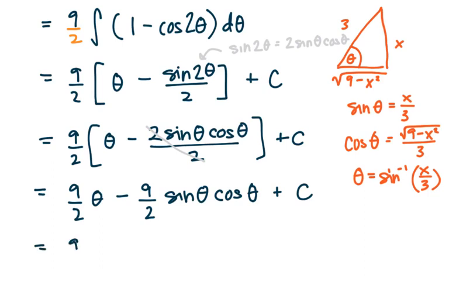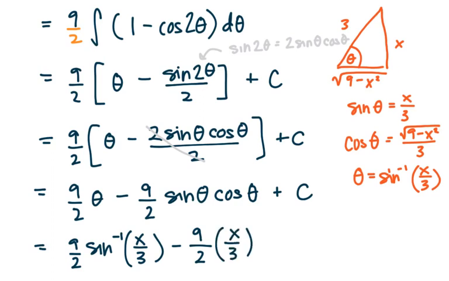I end up with 9 halves of sine inverse of x over 3 minus 9/2 times x over 3 times the square root of 9 minus x squared over 3, and then plus our arbitrary constant c.